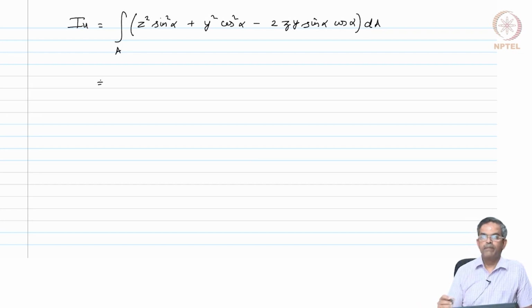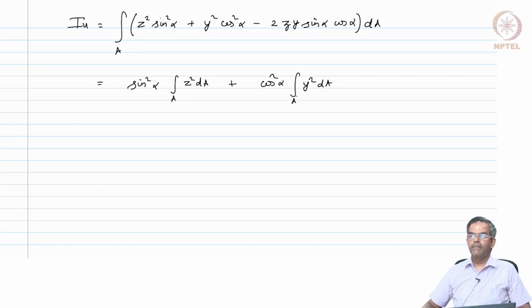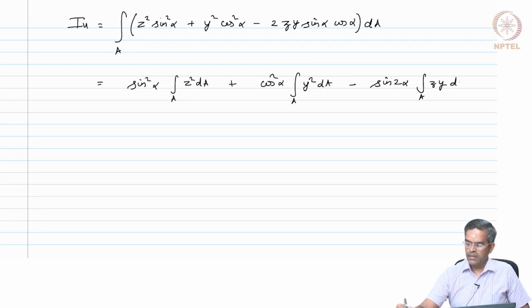Which will be sin square alpha of integral Z square dA over the whole area A, plus cos square alpha of integral Y square dA over the whole area A, minus sin 2 alpha integral ZY dA.